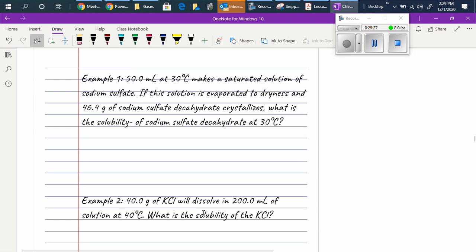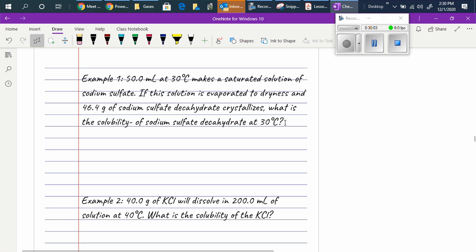Okay, so 50 milliliters at 30 degrees Celsius make a saturated solution of sodium sulfate. If this solution is evaporated to dryness, and 46.4 grams of sodium sulfate decahydrate crystallize, what is the solubility of sodium sulfate decahydrate at 30 degrees Celsius?